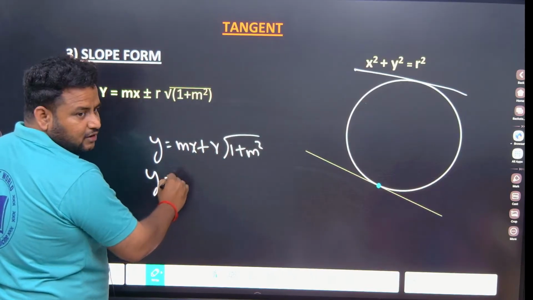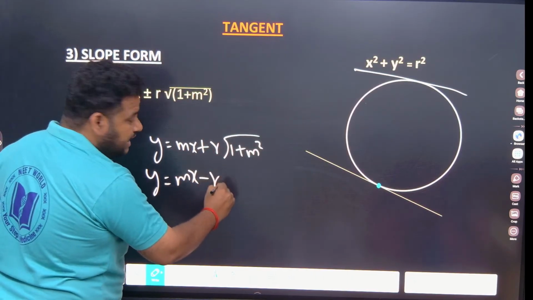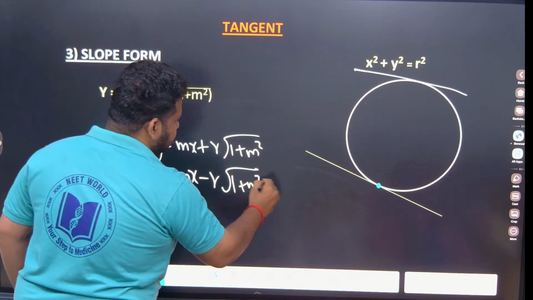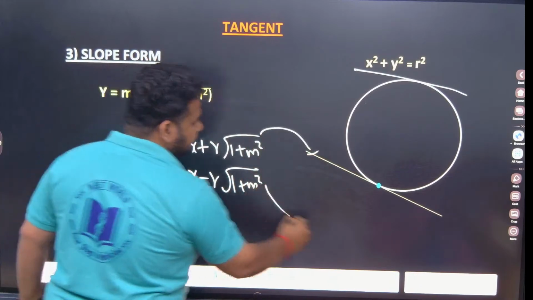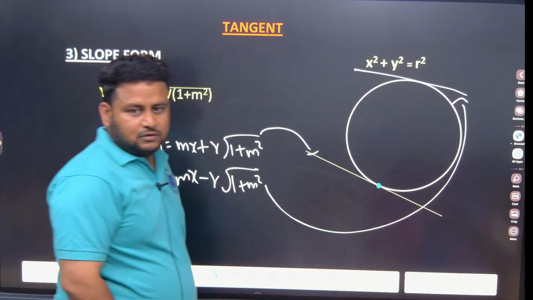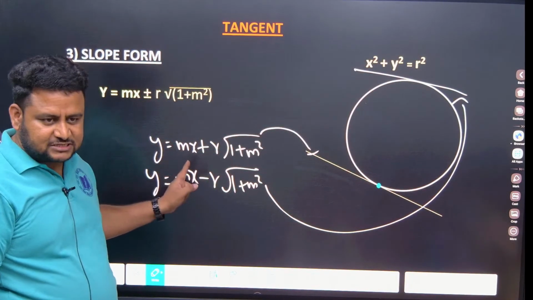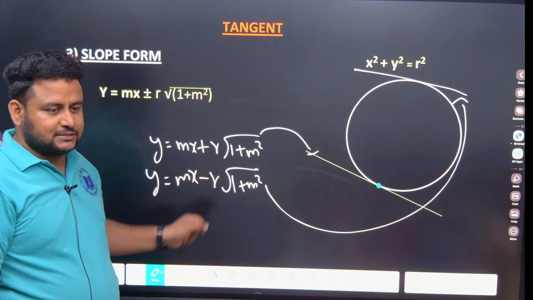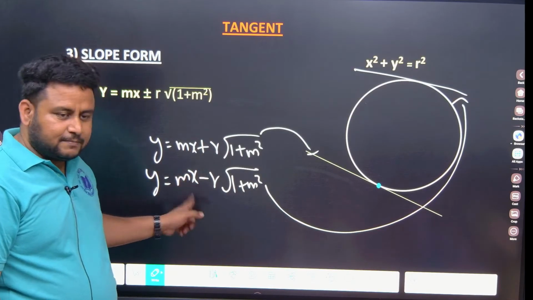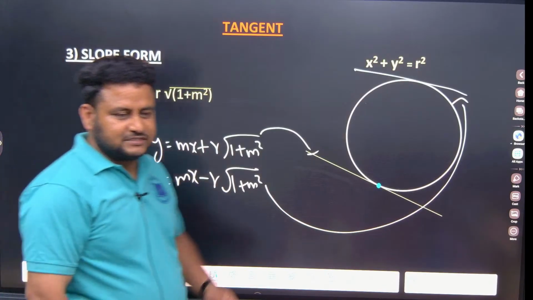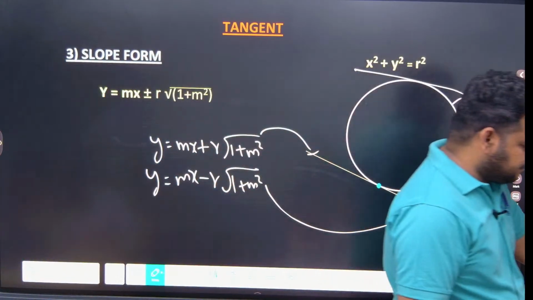Another one will be what? y is equal to mx minus r into root of 1 plus m square. There will be two tangents which are parallel. So one will be y is equal to mx plus r root of 1 plus m square, another one will be y is equal to mx minus r root of 1 plus m square. Got it? Please make a note of it.